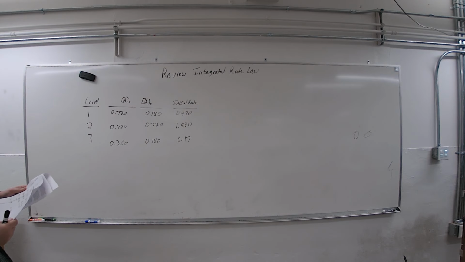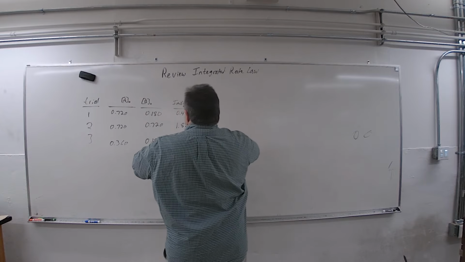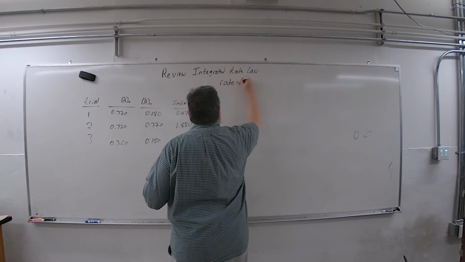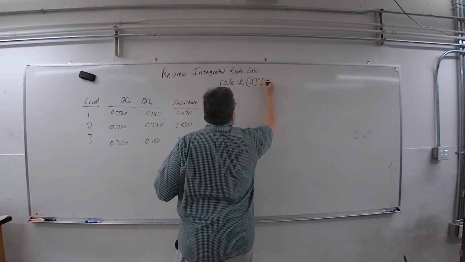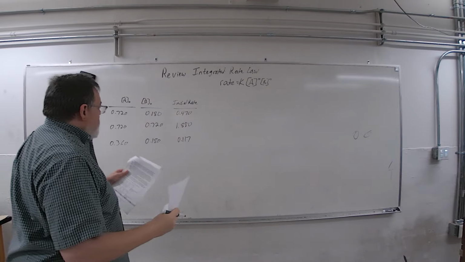The first thing we need to do is figure out the order. So this is kind of like just talking about rate law, meaning we have to find out. So you remember how to do this?